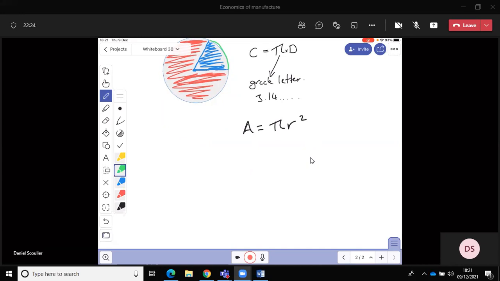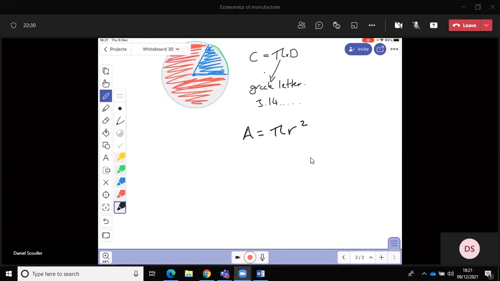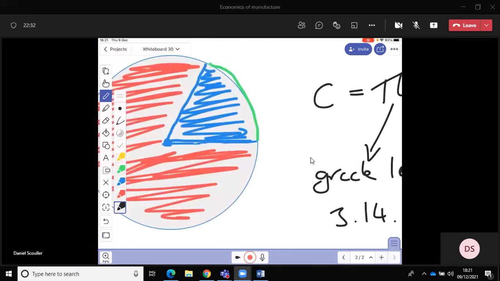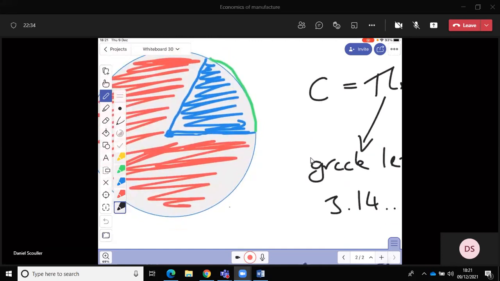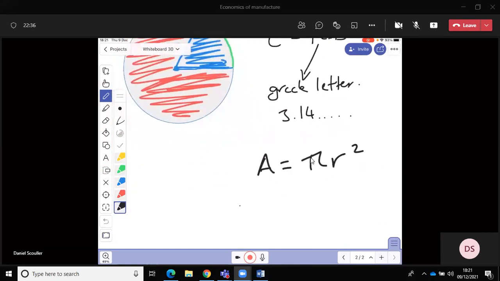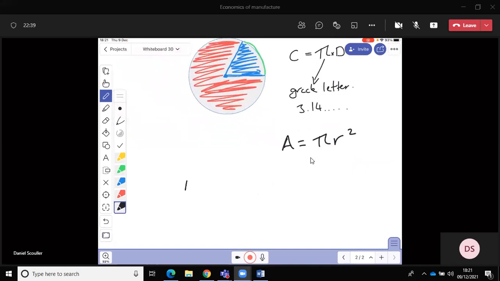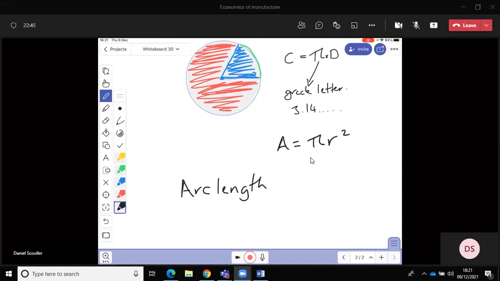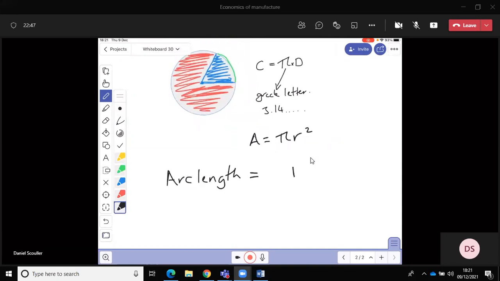So if we were doing the circumference, say, and we only wanted to find a portion of that, we're going to call that an arc, and we're going to find the arc length. We're still going to use that pi d part of it, so pi times diameter.